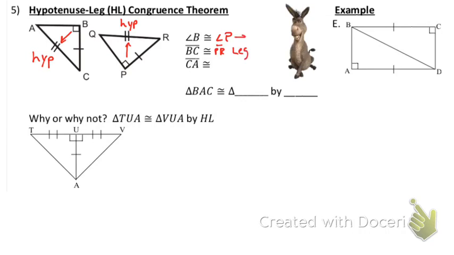We already know these are right angles. These are 90 degrees. Okay, it only works for 90 degrees. And then last is we have to get our hypotenuses congruent. So if you look, my hypotenuse is AC, and it's congruent to the other hypotenuse, which is going to be QR.